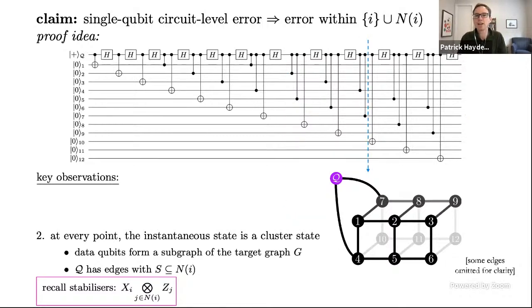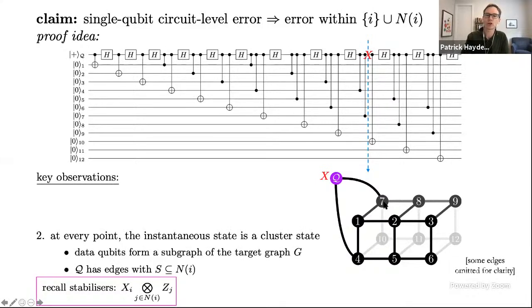Let's look at another example. So if we had an error, again, let's say it's an X error at this site in the circuit, and let's say it's an error on the emitter again. The stabilizer for the emitter is an X on the emitter and Zs on qubit 4 and qubit 7.